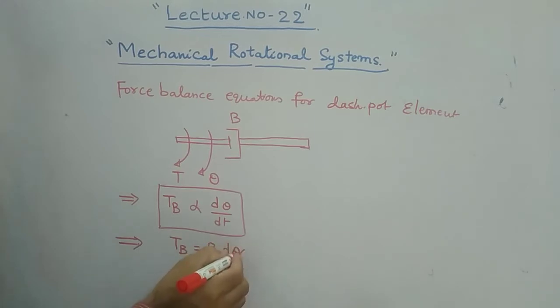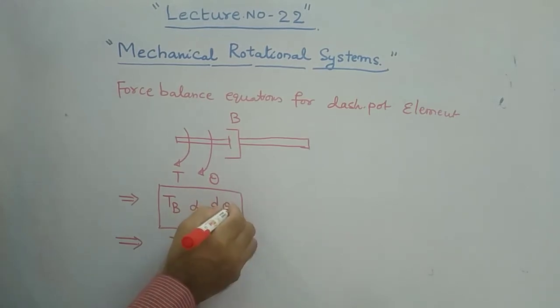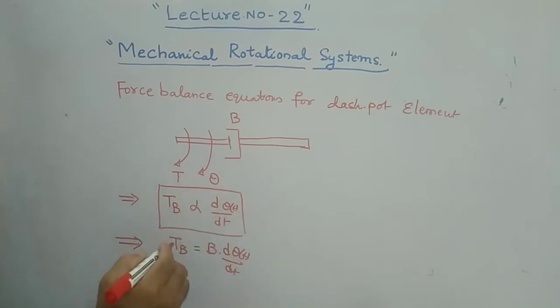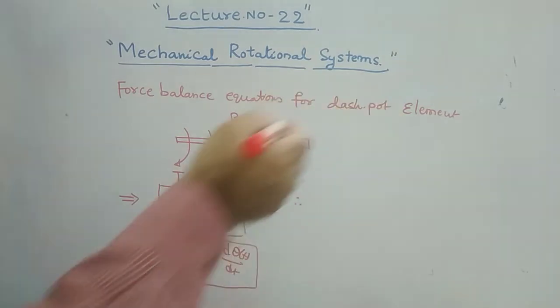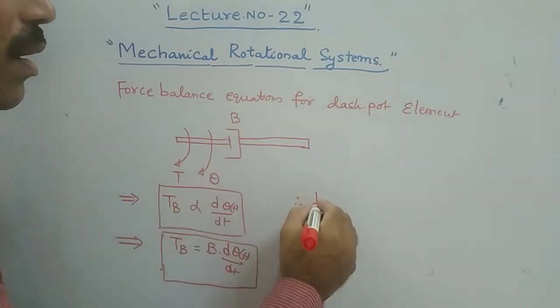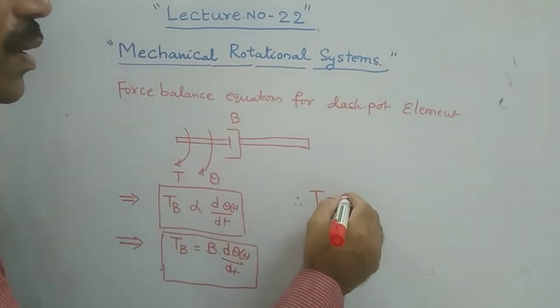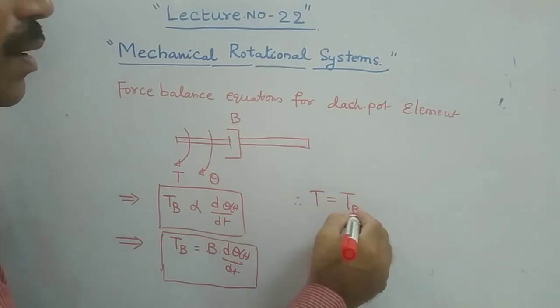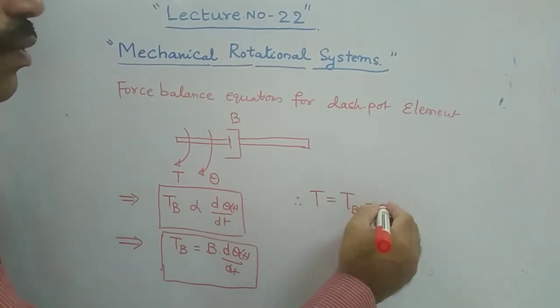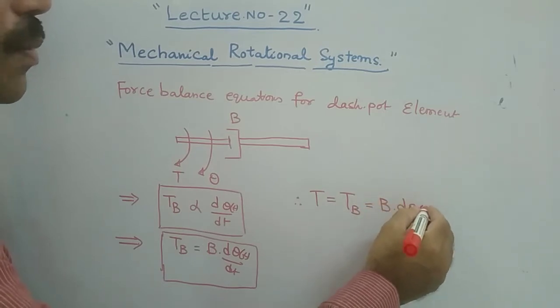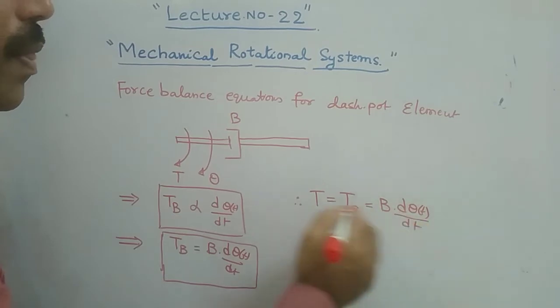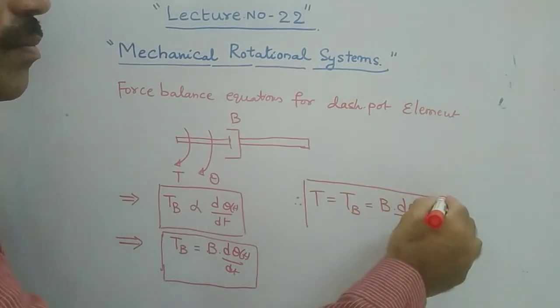You can write theta in brackets in terms of t. So this is the torque opposed by the dash pot element. And finally, according to Newton's second law, the applied torque is equal to the torque opposed by the dash pot element, which is B into d theta of t by dt. That's all.